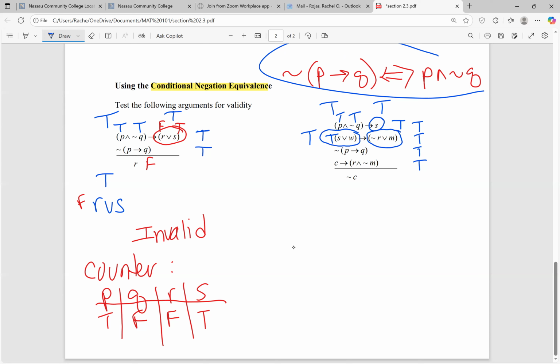Now, that's not really going to let us figure out what R and M are, right? Because it's in an or statement and just one side of the statement has to be true in order for it to be true.